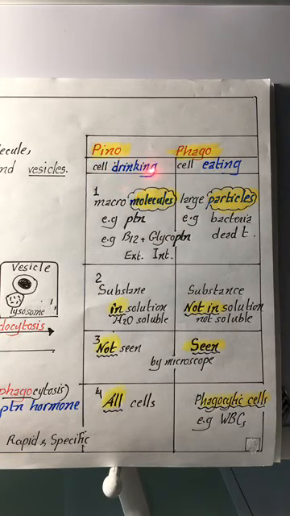Pinocytosis or cell drinking. Here, the cells eat macromolecules. The secret is in the word molecules. Molecules not seen by the microscope. You cannot see protein molecule by microscope. So molecules are in solution, water soluble.